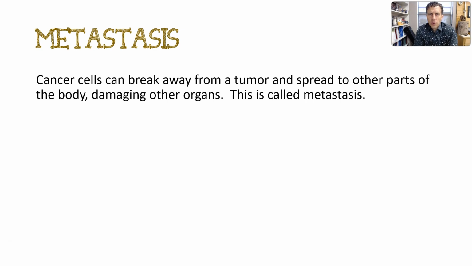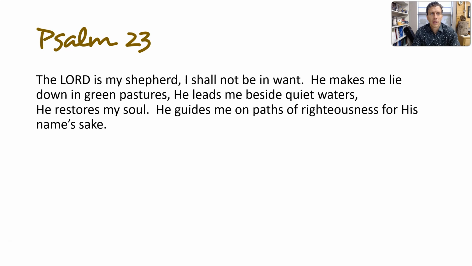So we really try with cancer to do early detection. We want to notice the cancer early so that it does not metastasize, does not spread. We want to capture it before that happens, because otherwise you're going to get multiple tumors in different parts of the body.